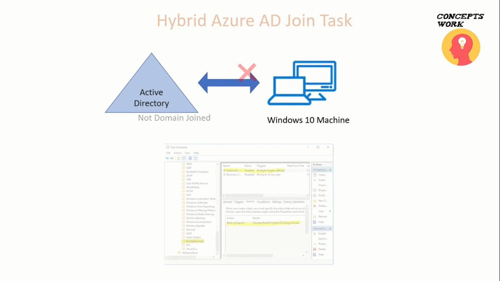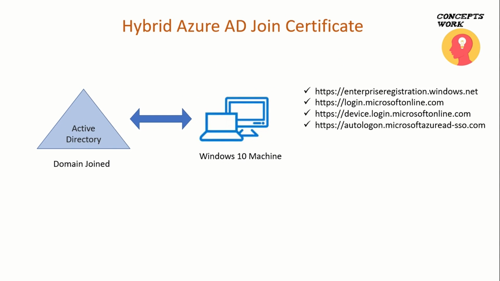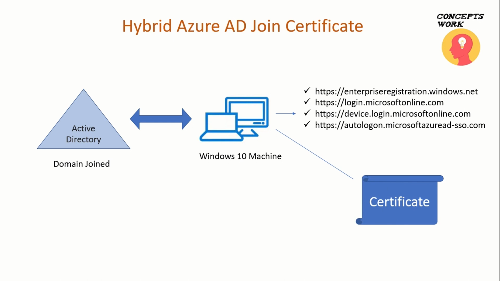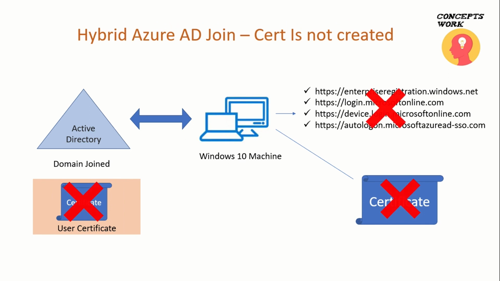But the moment you domain join your machine, and if your machine has access to these endpoints, apart from getting domain joined, your machine creates a certificate, and that certificate is saved in the user certificate attribute of the computer object. But in cases where these endpoints are not accessible, this certificate will not be created and the user certificate attribute will not be populated for your computer object.